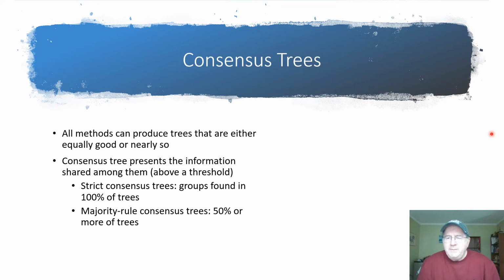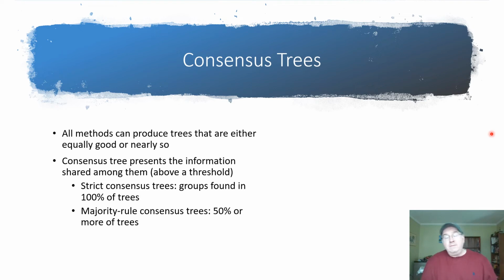They're really pretty much the same, and so we want to consider those. We don't want to just throw that away because the difference between them is probably insignificant. A consensus tree is a tree that presents the information that is shared amongst multiple possible trees.